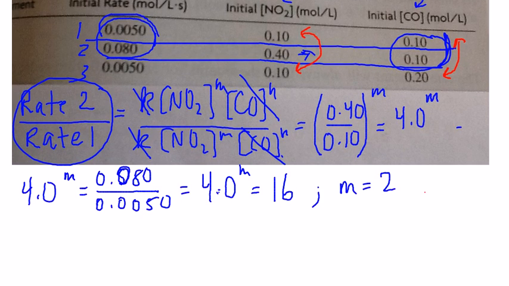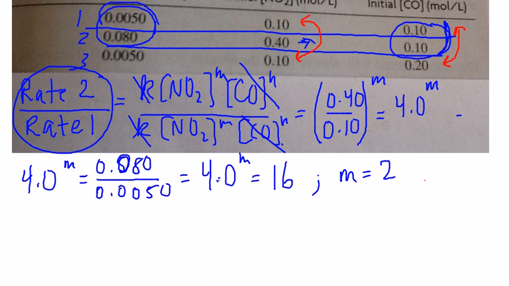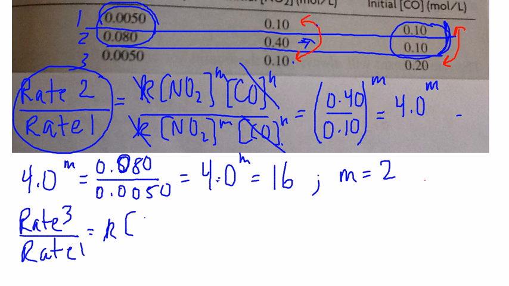So if we write the rate law, not this time 2 over 1, but 3 over 1: the rate of reaction 3 over the rate of reaction 1 is equal to, we can ignore the NO2s, we can just look at the CO raised to whatever power.